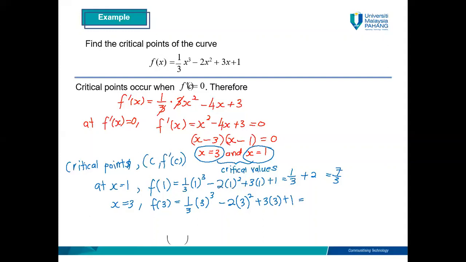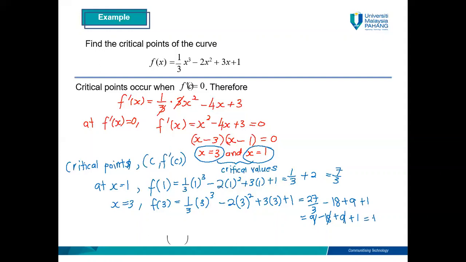So 3 cubed is 27 over 3, minus 3 squared, 9 times 2, 18, plus 3 times 3, 9, plus 1. 27 divided by 3 gives 9, minus 18 plus 9 plus 1. The rest cancel off, so what remains is 1.